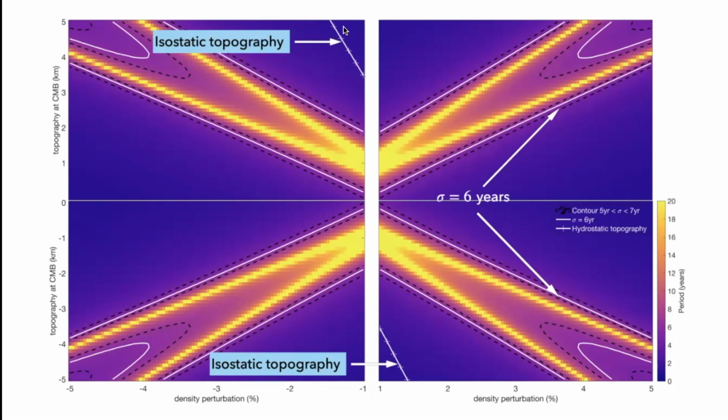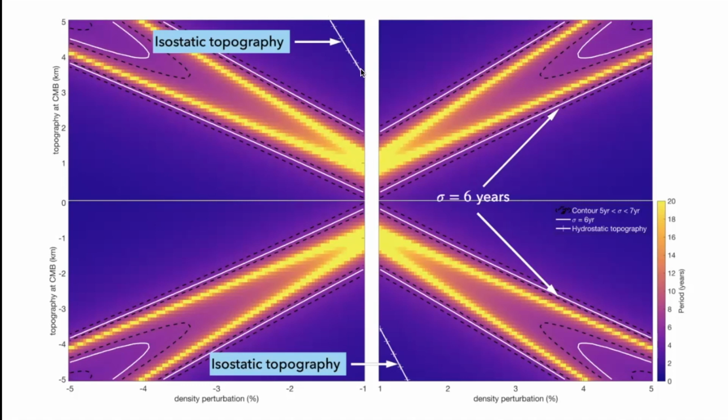One thing I added to this figure is the isostatic topography, which is what the period would look like if the LSVP structure was compensated isostatically by the topography.